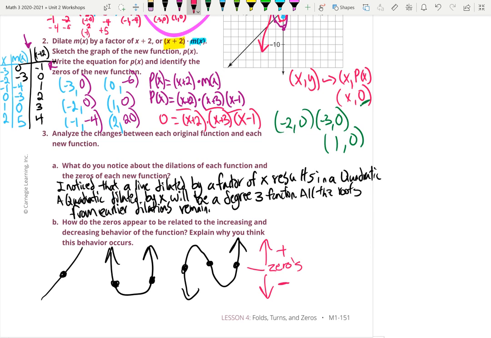So notice, before the x-intercept, it is negative. After, it is positive. Here, it is positive, then negative, then positive.